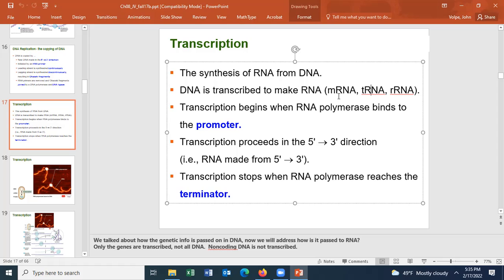And how the RNA polymerase knows which RNA to make is it just reads the gene. If it's a gene that codes for protein, the messenger RNA will be made. But if it's a gene that codes for tRNA, tRNA will be made. And if the gene codes for rRNA, rRNA will be made.